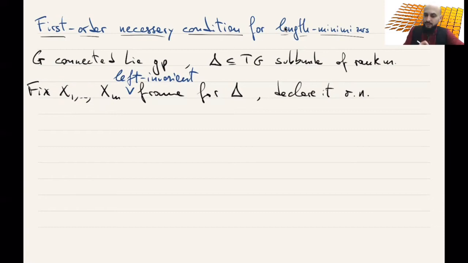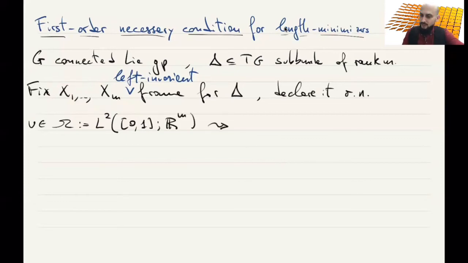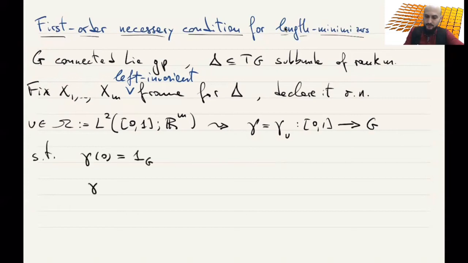Now, how can we parameterize curves? For any element in the space, let's call it u, namely the space of L2 functions on 0, 1 valued in R^m, we can associate a curve gamma of u, which is a curve from 0, 1 valued in the group G, such that it starts from the identity of the group, and the derivative at time t is a vector at gamma t.